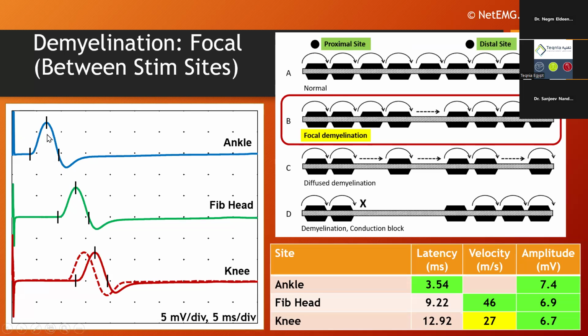So in this case, you can see my stimulation site was between the fibular head and the knee. So the responses at ankle and fibular head are normal. At knee, the amplitude is normal, but the response is delayed, giving you a slower conduction velocity. And you can always compare the response with the opposite side to clearly see the side-to-side difference.